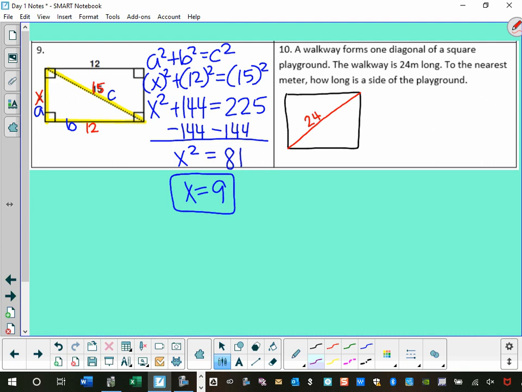This is an SOL question that they love to use. When we have to use the Pythagorean theorem on a square, each side is equal, right? We can still use the Pythagorean theorem on that. Here's my right angle. Which one is my hypotenuse? 24. So A and B, even though they're the same, that's okay.